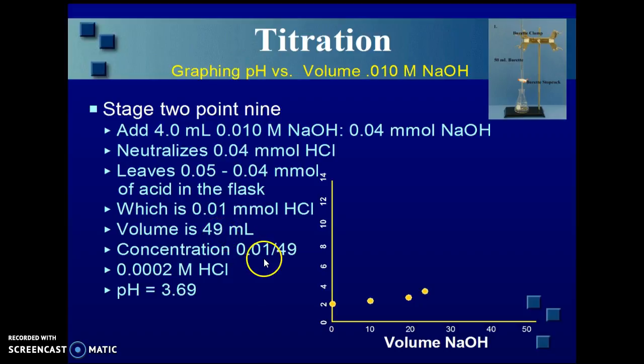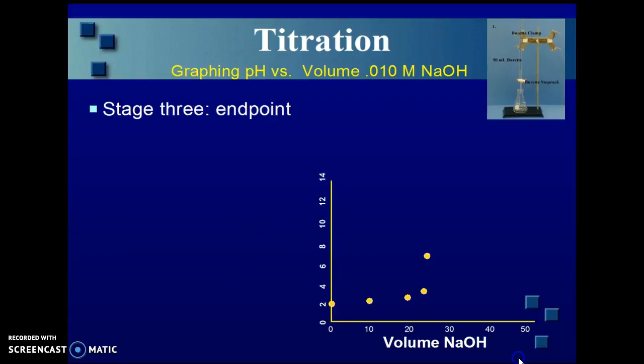The concentration is 0.01 over 49 milliliters, 0.0002, or 2 times 10 to the negative 4th. The pH has only gone up to 3.69. Originally, remember, it was 2. We've added 24 milliliters of the base, and we're only up 1.69 on the pH.